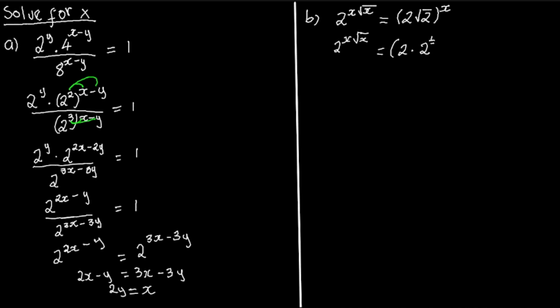So we can write this as 2 raised to the exponent of 1 over 2, right? So we come back again: we have 2 raised to the exponent of x multiplied by the root of x. And then we go to our first law of exponents.